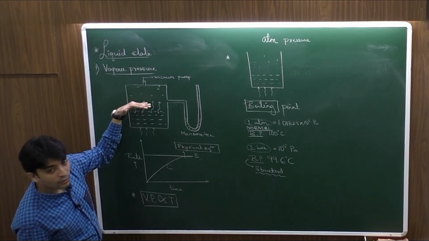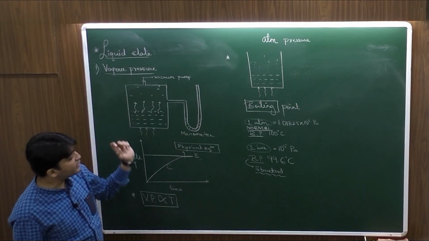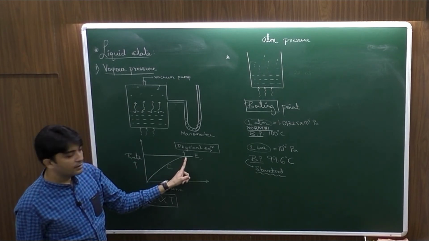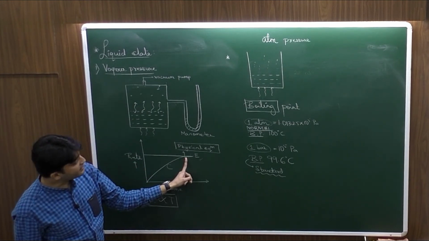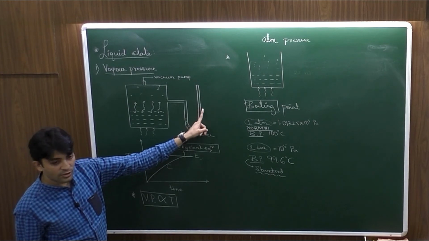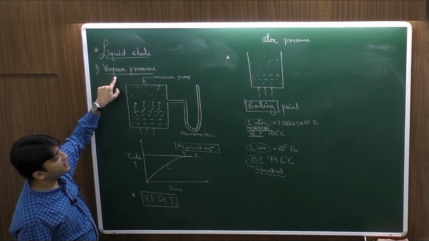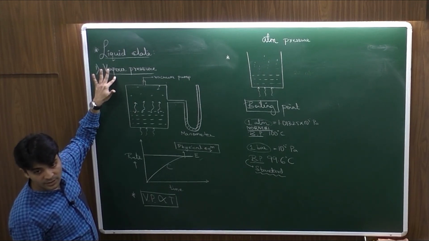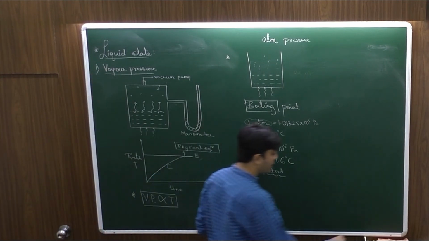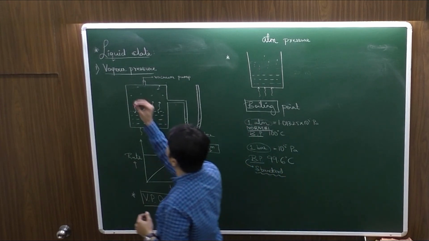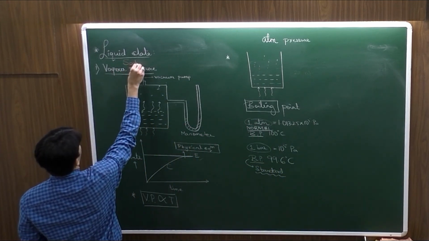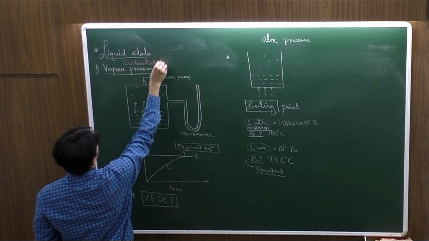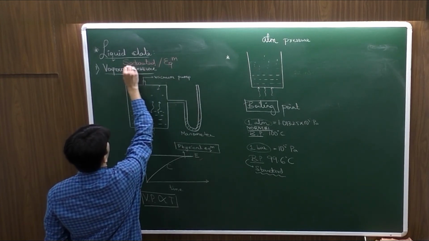This pressure will go on increasing till a point of equilibrium. So now at equilibrium the pressure will become constant, and this pressure exerted by the vapors in the state of equilibrium will actually be called vapor pressure. This is also called saturated vapor pressure or equilibrium vapor pressure.